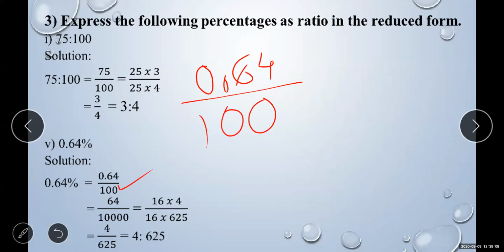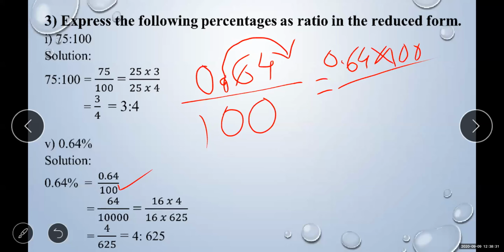0.64 upon 100. How will you convert it into the simplest form without decimal? As the decimal point is before 2 digits, we have to take it to the right side. So multiply this number by how many zeros? 0.64 into 100, and the denominator also by 100.